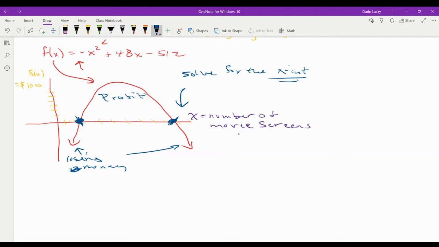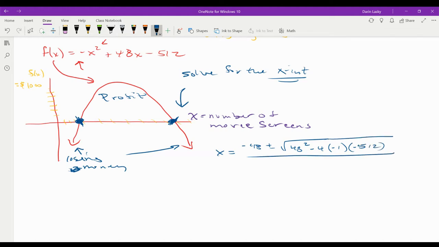I'll go ahead because a lot of you will use the quadratic formula. I'm going to plug in the quadratic formula here: negative b, which is negative 48, plus or minus the square root of 48 squared minus 4 times negative 1 times c, which is negative 512, all over 2 times a, which is negative 1.